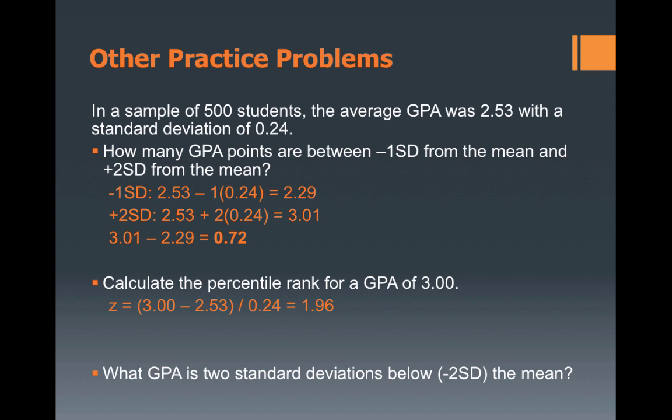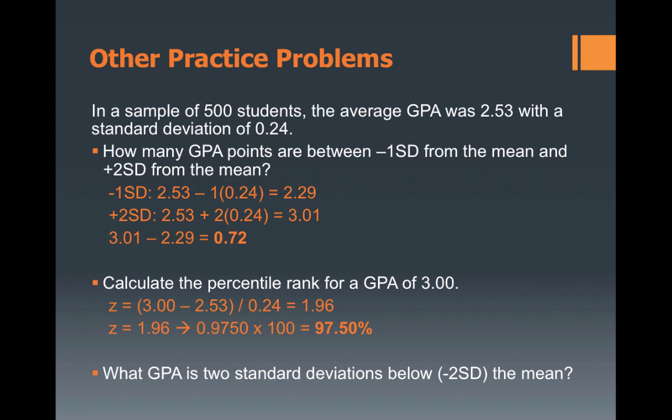3.0 minus 2.53, all of that divided by 0.24 gives us a z-score of 1.96. That z-score then corresponds to a proportion of 0.9750. Since I asked for the percentile rank, we multiply that by 100 to give you 97.50.